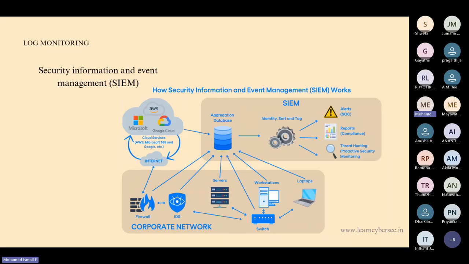Indirectly, they put a log collector component in that device, and that log collector aggregates the logs and sends them to the SIEM solution. The SIEM solution may use artificial intelligence or machine learning to match and correlate the logs. Once these logs are correlated, it triggers alerts to the security operations center. Then the security operations center picks up the incident and investigates. Then they form the report, or they go for threat hunting: when that incident happened and how it happened.